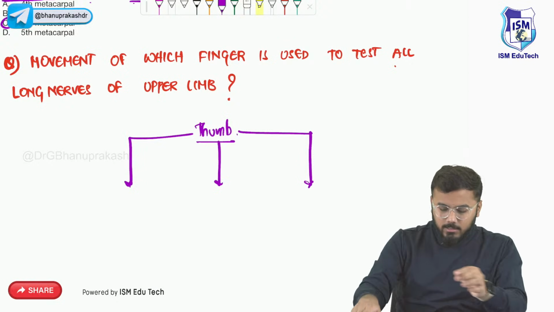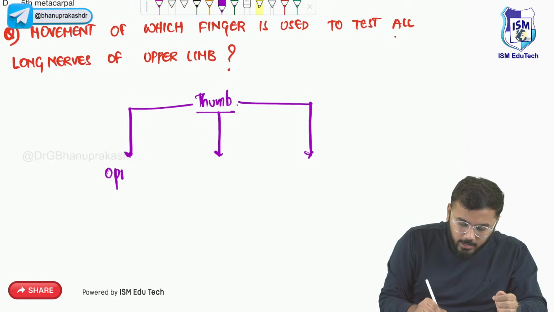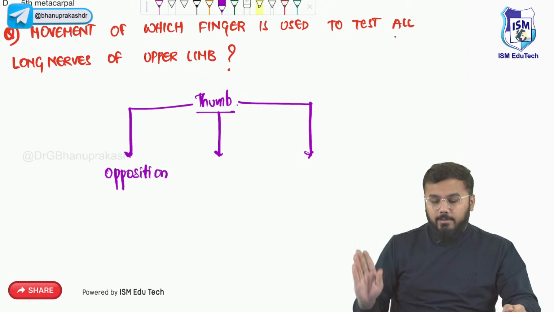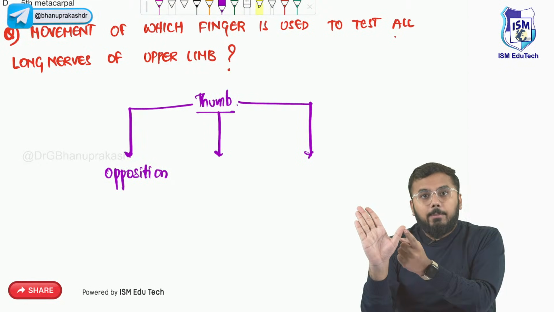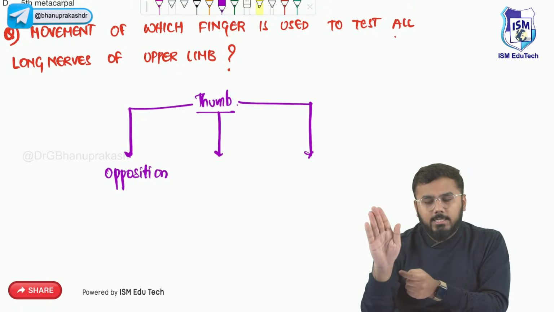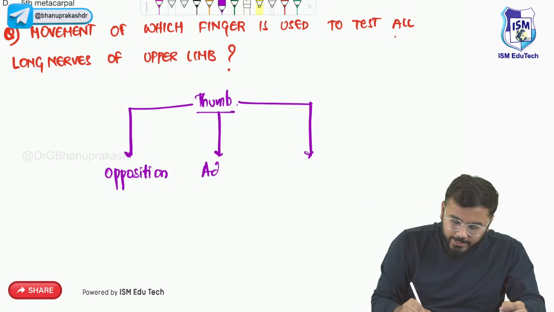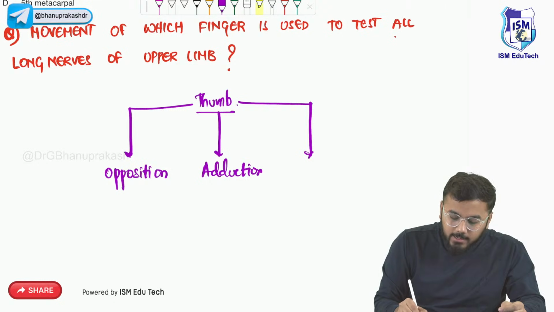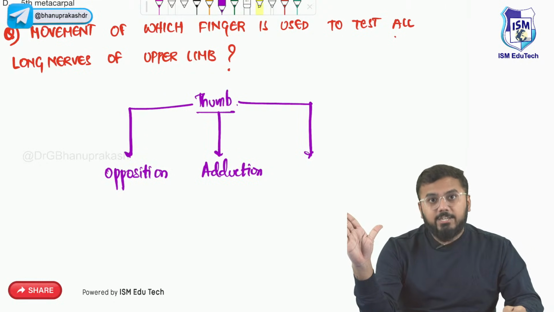Opponens pollicis, right? Thumb is also responsible for adduction. I can adduct towards my body, isn't it? Thumb also performs extension.